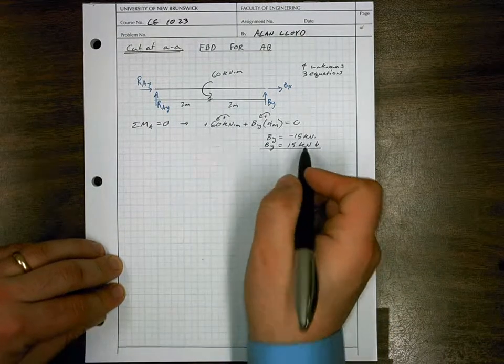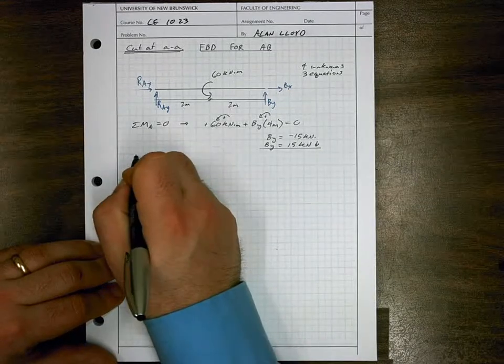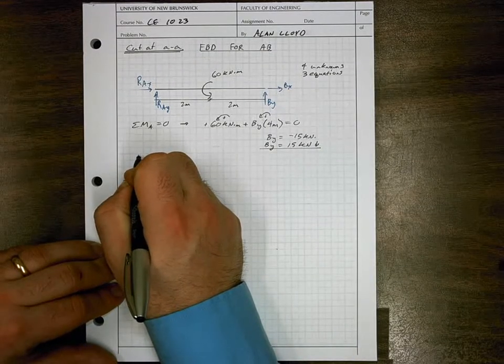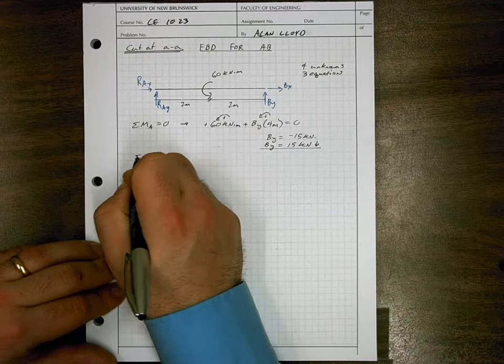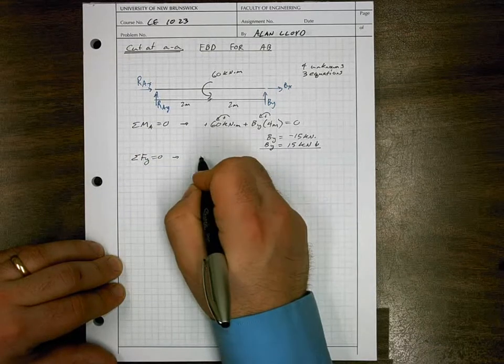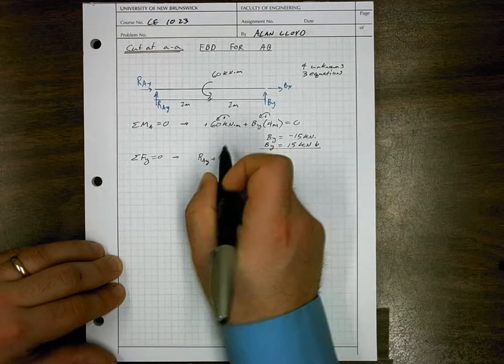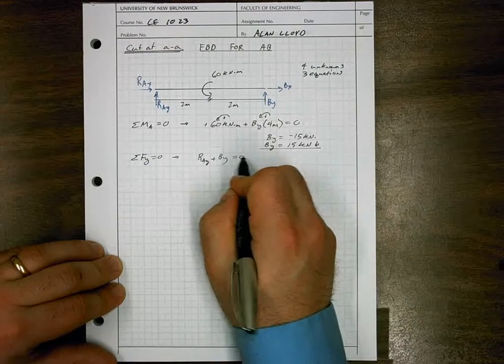We can also, by knowing BY, directly solve for RAY, which was one of the main problems we wanted to solve, one of our reactions. So the sum of forces in Y is equal to 0, and we can say that RAY plus BY, as we've drawn it, they're both going up, is equal to 0.